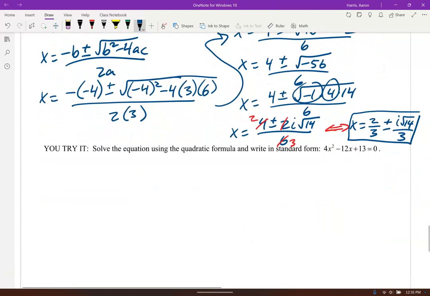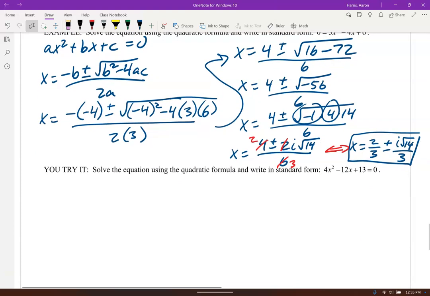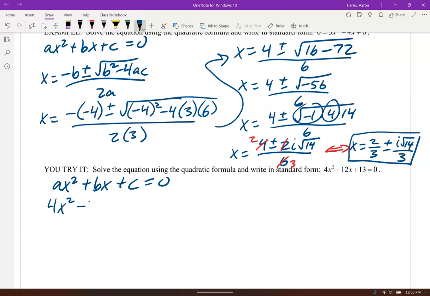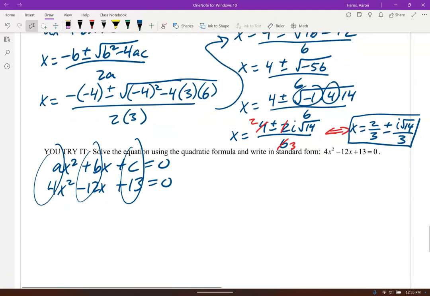And we'll do this last one together. We'll do one more here. If I have anything of the form ax squared plus bx plus c equals 0, I can identify a, b, and c. So a is 4, b is negative 12, and c is 13.